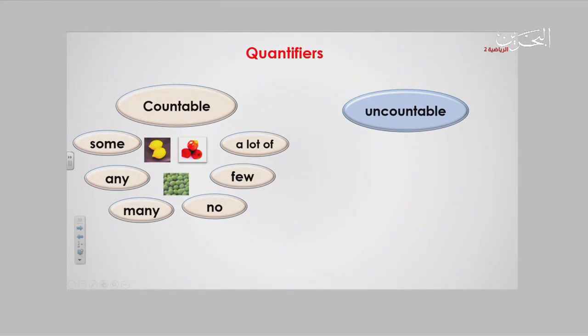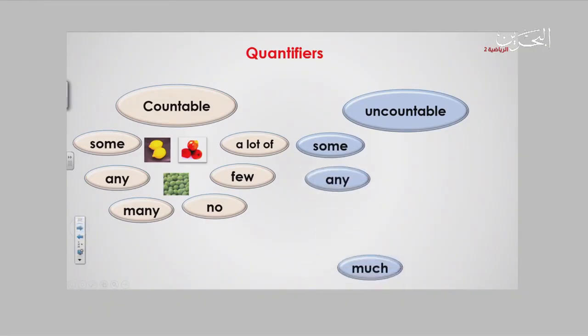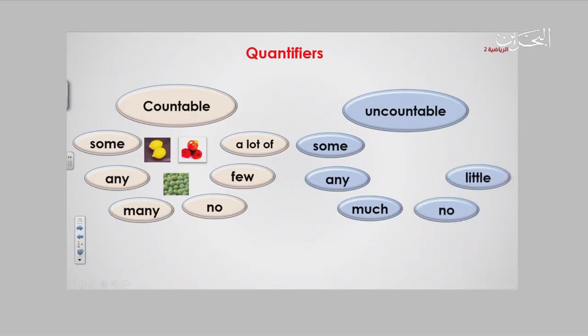Let's go to the second group, uncountable nouns. These are the quantifier words I can use with uncountable nouns. Some, any, much, no, little, a lot of. Let's look at the examples we have here. We have nuts.